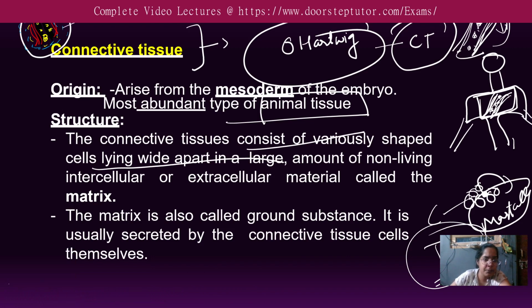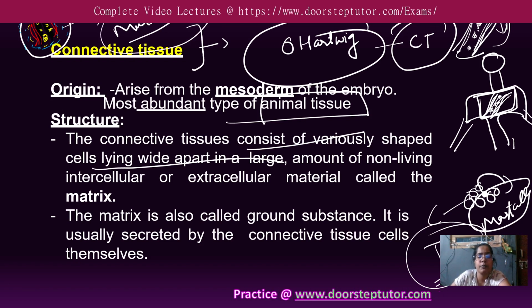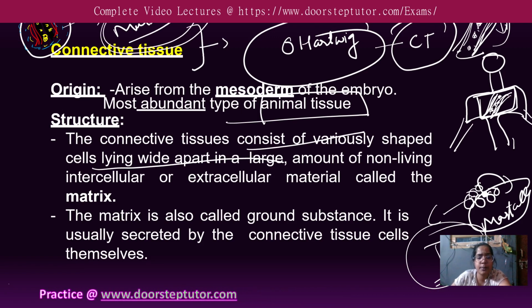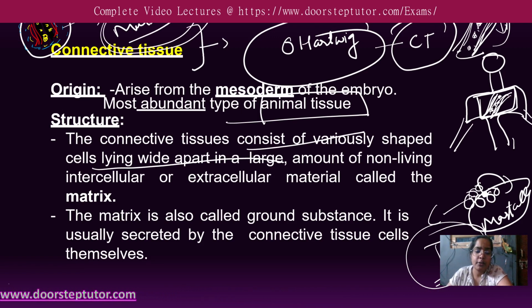This ground substance is your matrix, where the cells are along with the fibers. The matrix consists of plasma, blood cells are also there. The matrix is basically the liquid part, okay. So ground substance is the extracellular matrix, ECM.